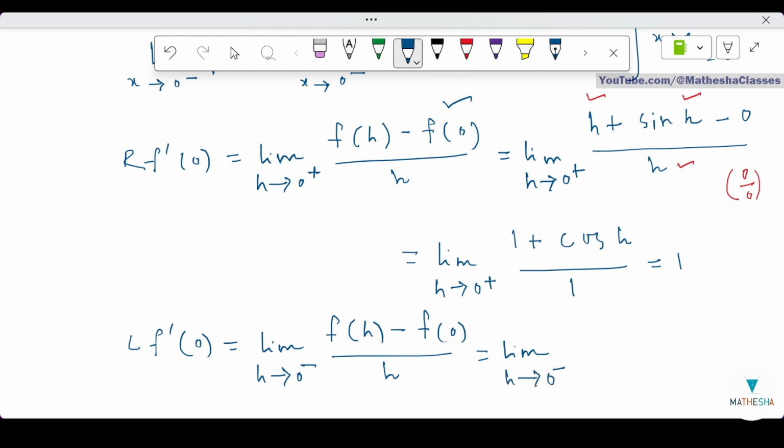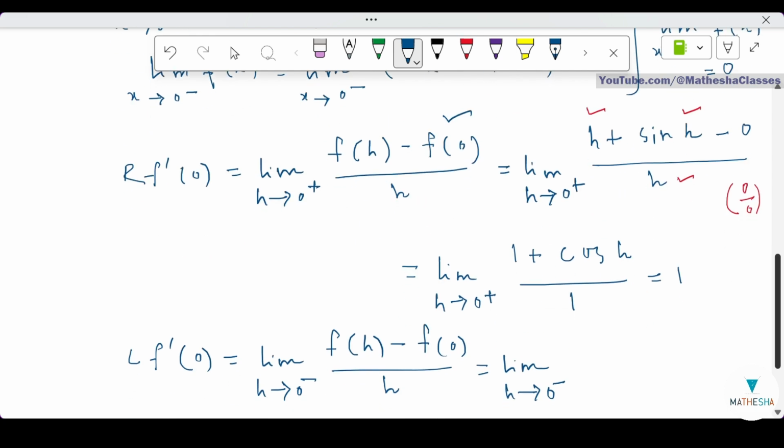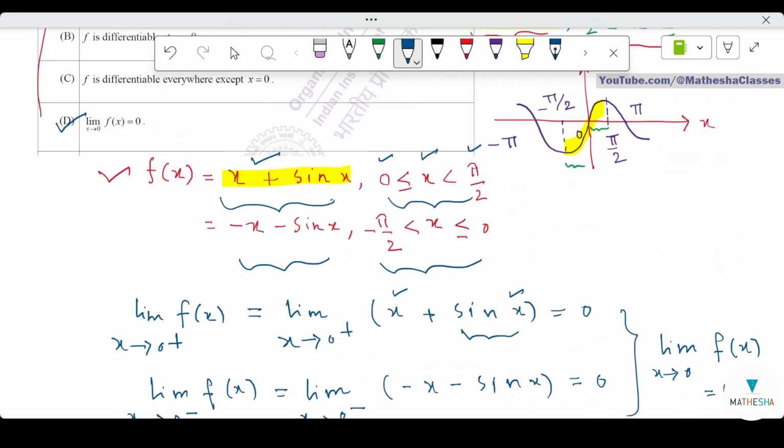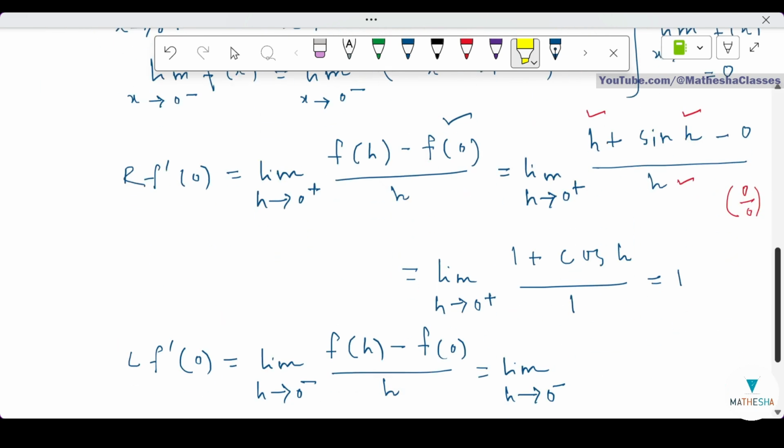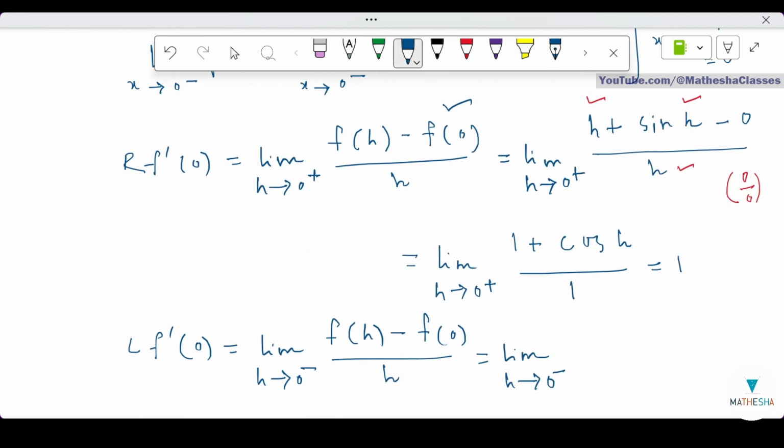H is tending to 0 minus, so we'll be using the second expression, and that will be minus h minus sin h, and f(0) is 0, I'm not writing it anymore, upon h.